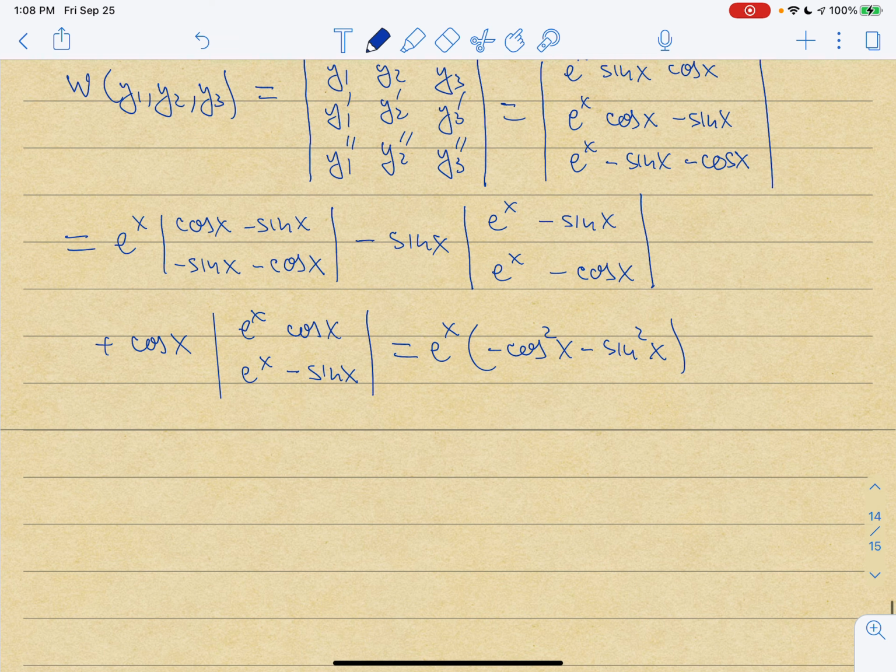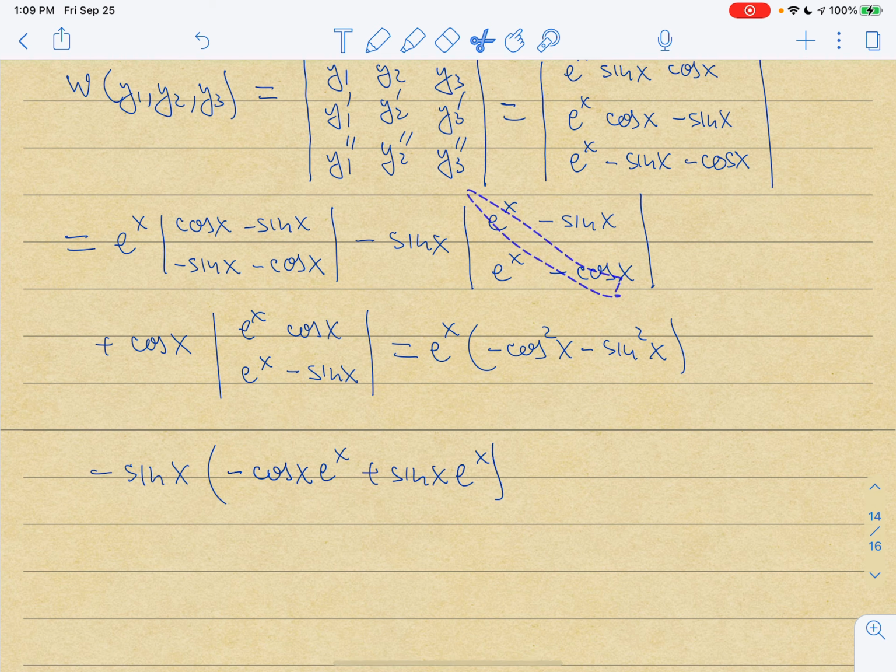Then the second determinant, minus sine x, and determinant itself is going to be minus cosine x e to the x plus sine x e to the x, because I'm taking a product of these two things minus a product of those two things.